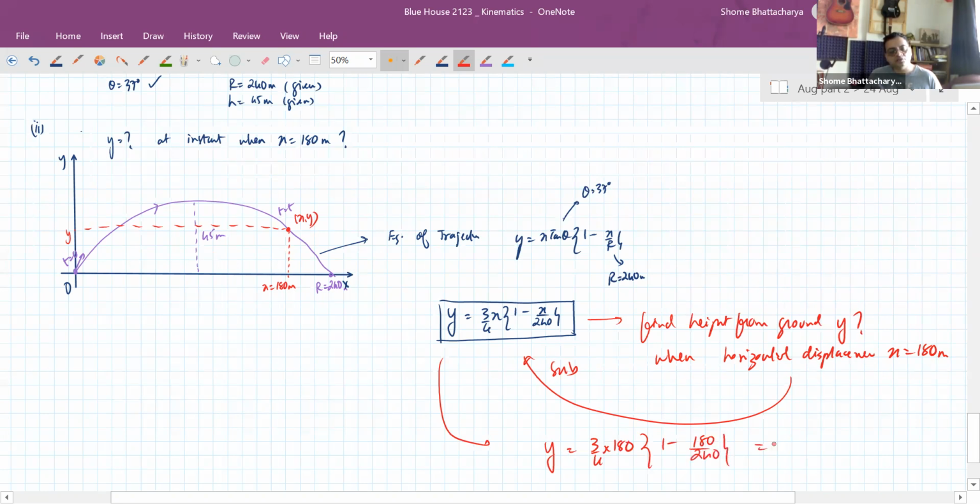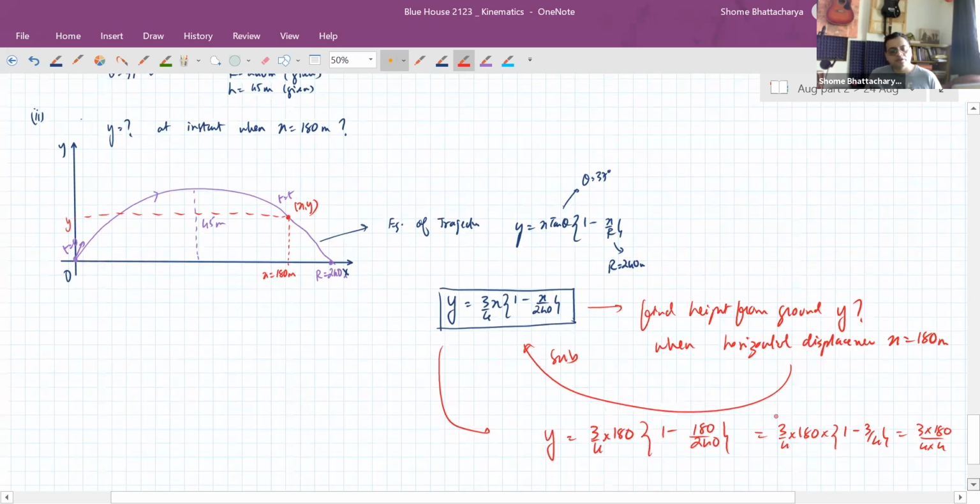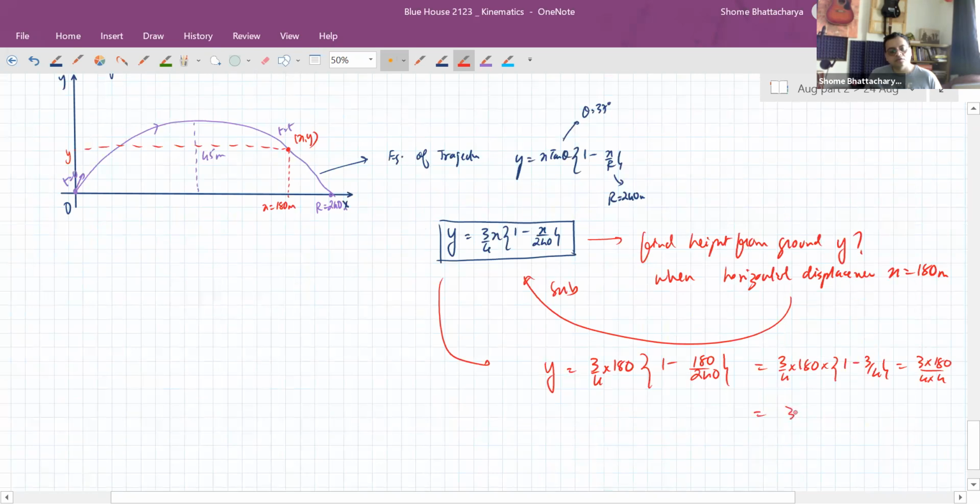You can see that this will become 3 by 4 into 180 into 1 minus, now 6 3s are 18, 6 4s are 24, so 3 by 4. So that is 3 into 180 by 4 into 4, that is 3 into 180 divided by 16.